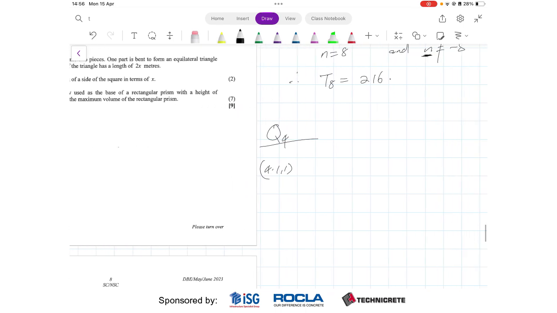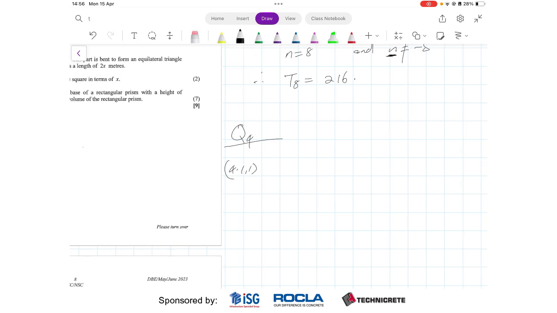Now, we usually expect functions of the form f of x equals a to the power x to be increasing. All right, we expect them to be increasing. Now, it's very important to remember that in this case, our a is a fraction, and because of that, our function will be decreasing.